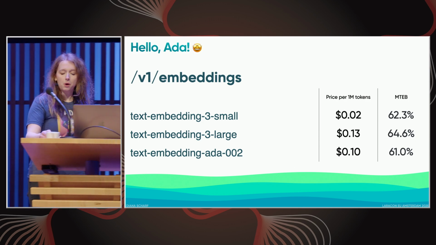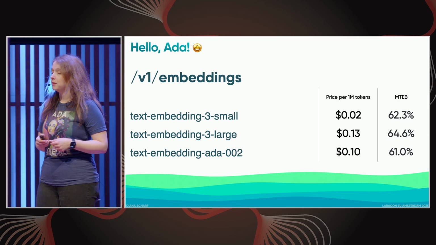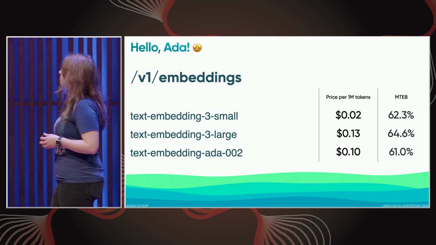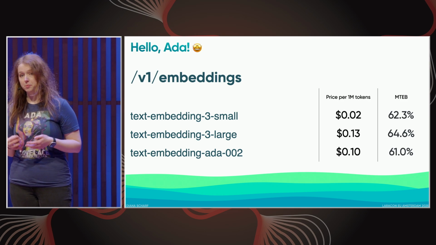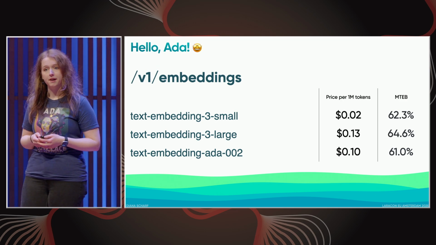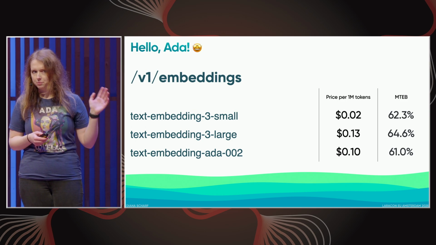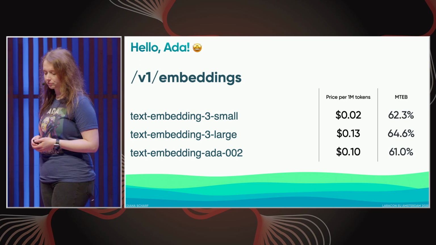While 60%-ish performance might not seem very high, it is pretty good. You can use the large model for tasks with high accuracy, but it is pretty expensive. And the Ada model is, according to OpenAI, and they have a very detailed write-up on their website about these models, the best compromise to get started with the 3.